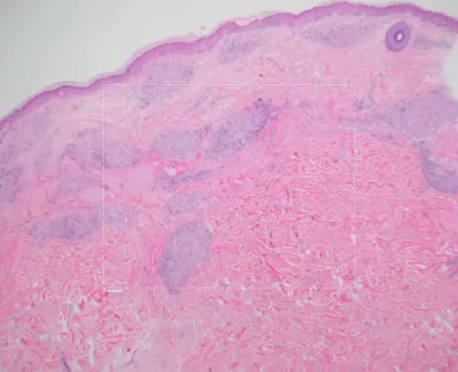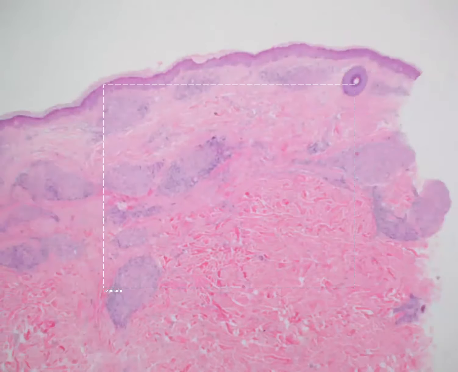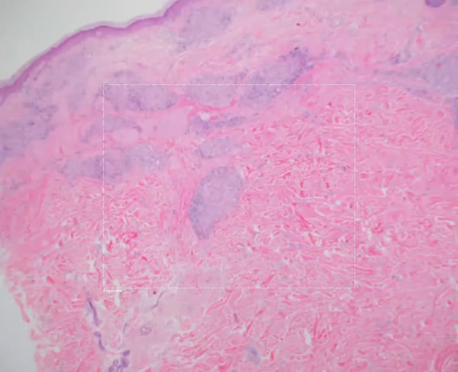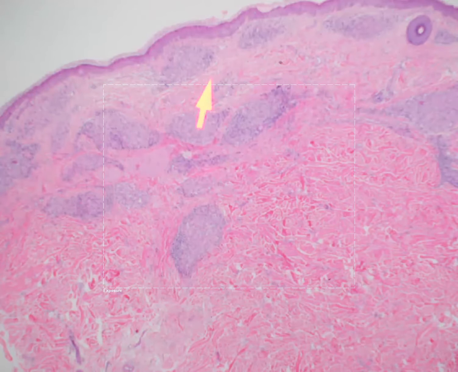Moving on to the granulomatous reaction pattern. Here we have a punch biopsy down to the superficial subcutis, and we have basket weave stratum corneum. The epidermis may be mildly atrophic in some areas, but mostly of normal thickness. And then we have these nodular aggregates in the superficial to mid-dermis.